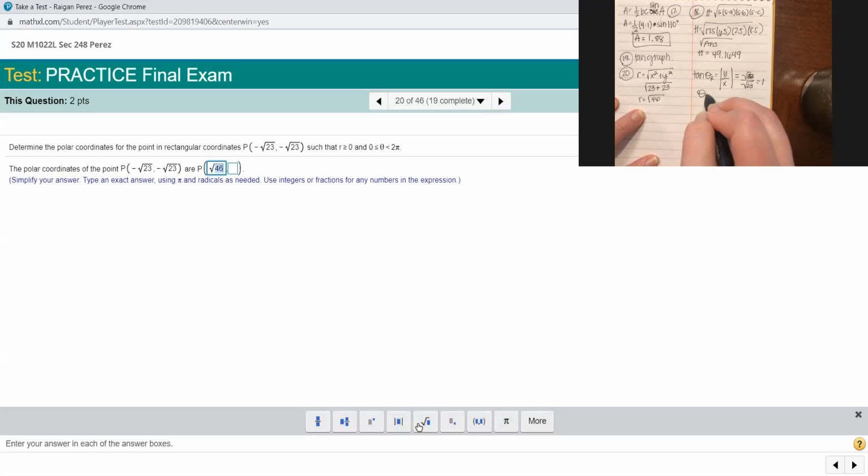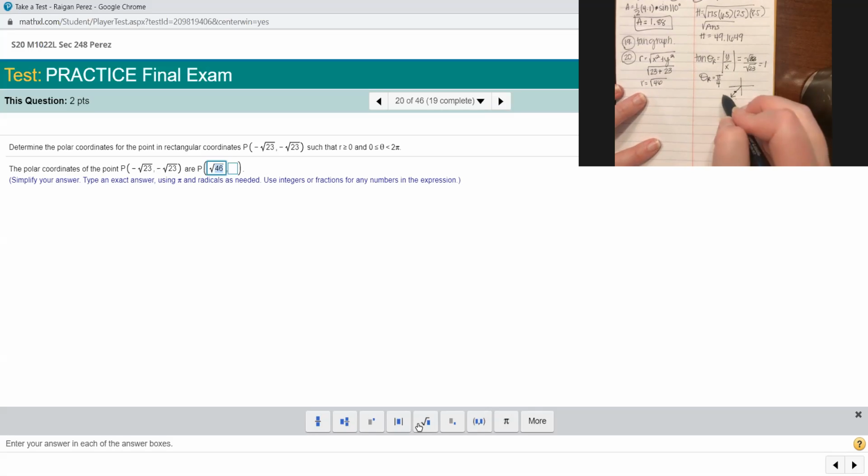So I know that my reference angle is pi over 4. So double check, where did the rectangular coordinate land? Well, x was negative, y was negative, so it landed in quadrant 3. What is the pi over 4 angle in quadrant 3? 5 pi over 4.